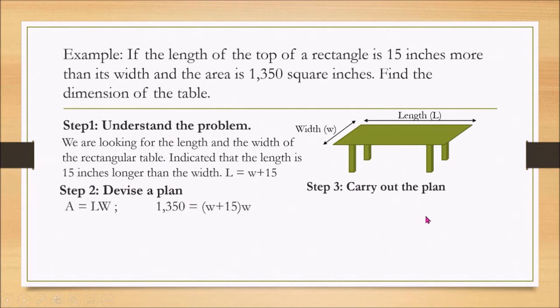Then let's carry out the plan. Let's use the formula and perform the multiplication. It will now be W squared, because you multiply W times W and W times 15, which is 15W.